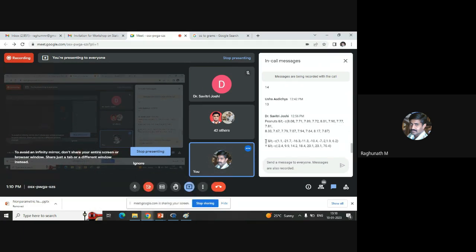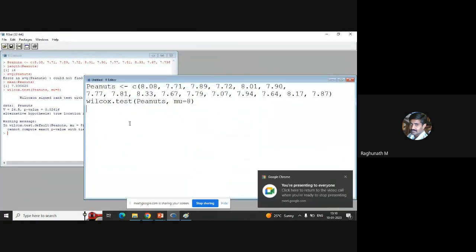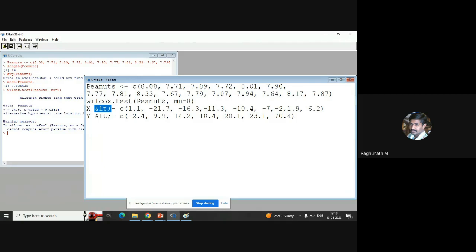You can copy paste this one. Here the sample sizes are different.